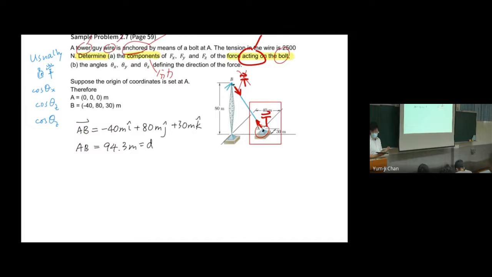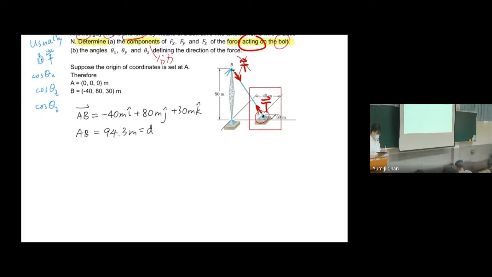From here, we can know the cosines. Of course, it is in the book, but do it once at home, and you will get cosine theta x. The direction cosines are these three.